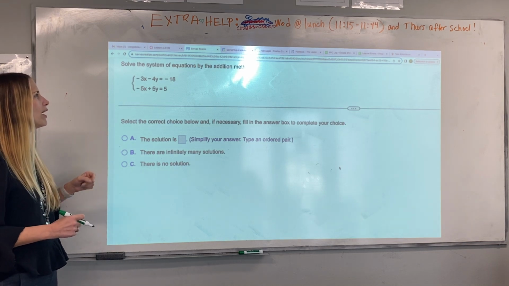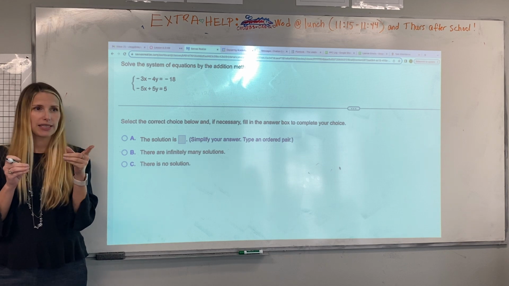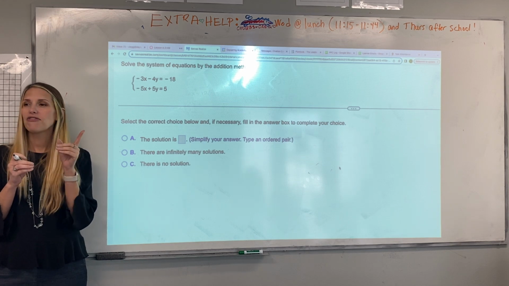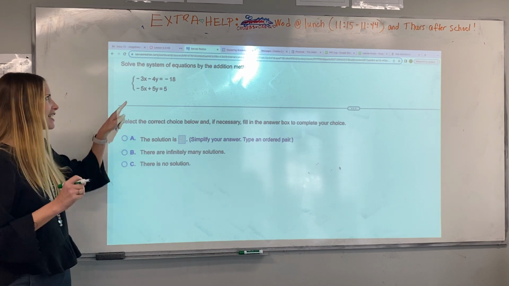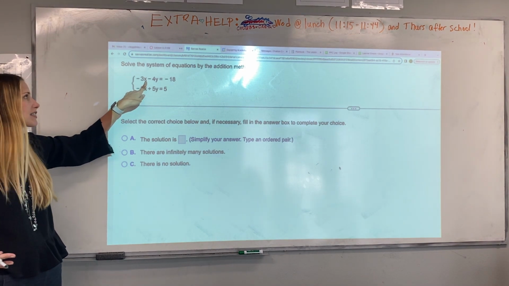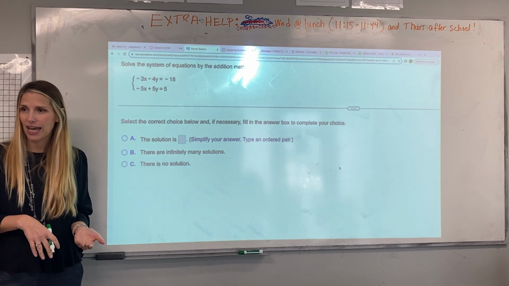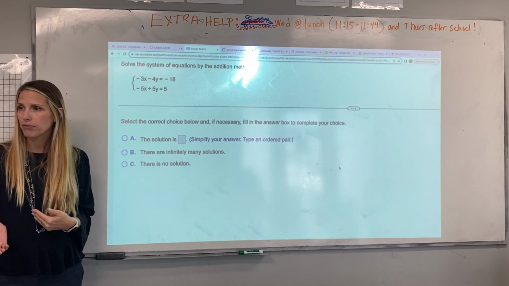But what do 3 and 5 both go into? 15. So if I can get this term to change into a 15x and this term to change into a negative 15x, then I can cancel them, right?